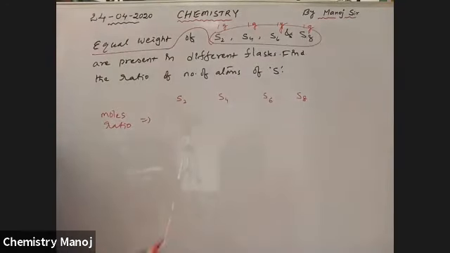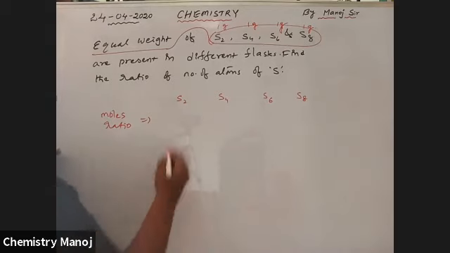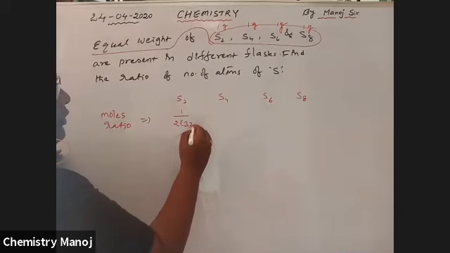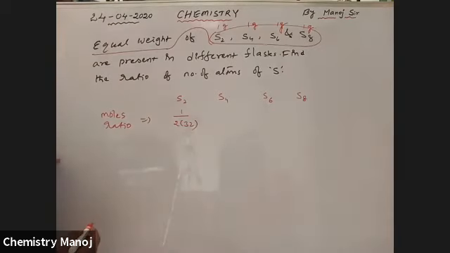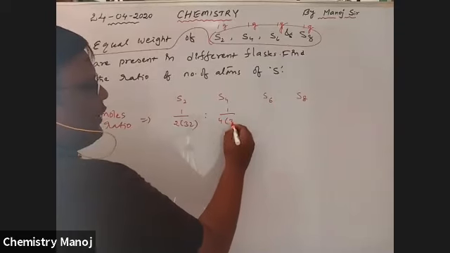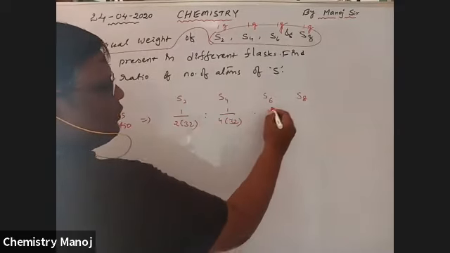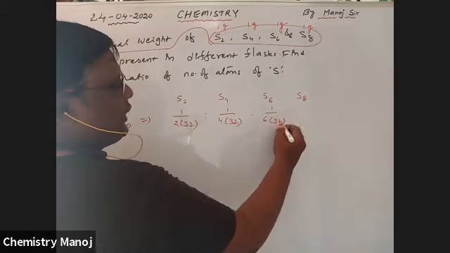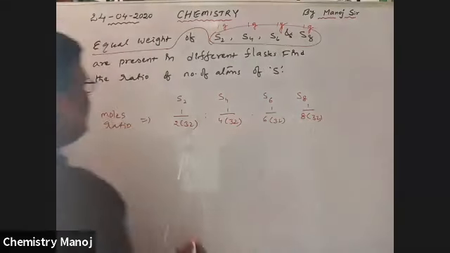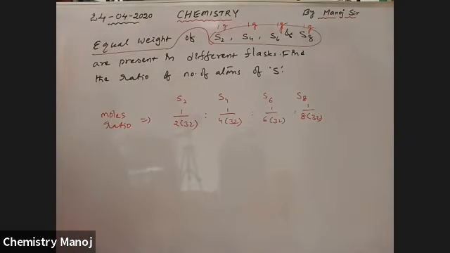Moles means weight by molecular weight. Here it is 1 gram. Molecular weight is 2 into 32, each sulfur atom being 32. Then 1 by 4 into 32, then 1 by 6 into 32, then 1 by 8 into 32. This is the moles ratio.